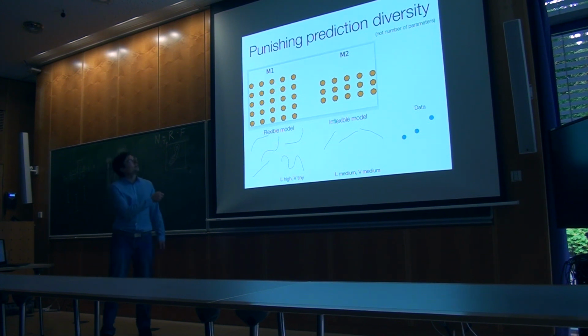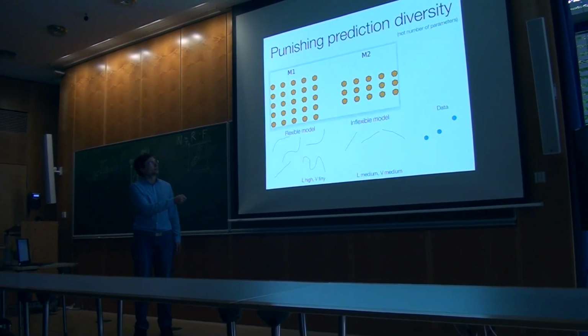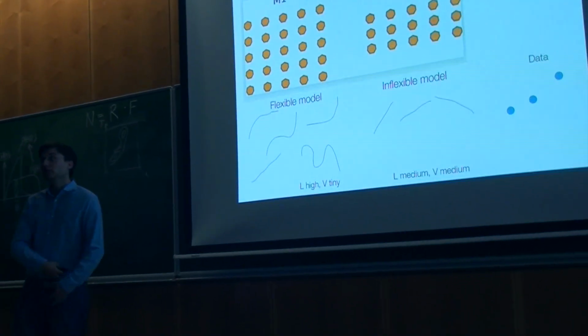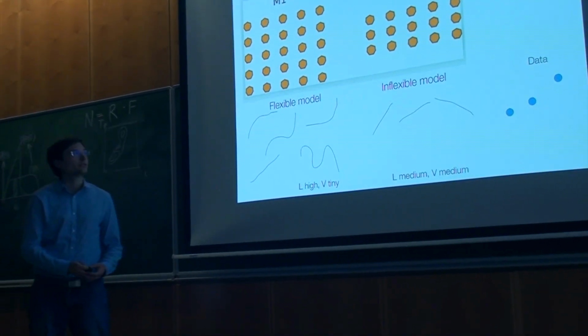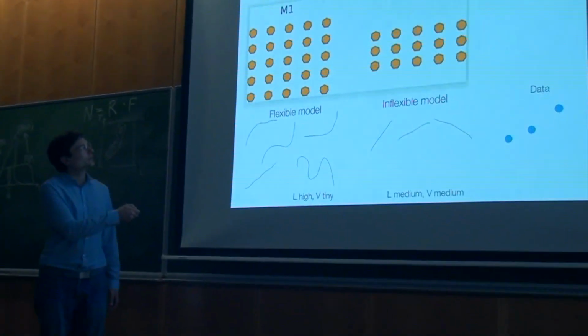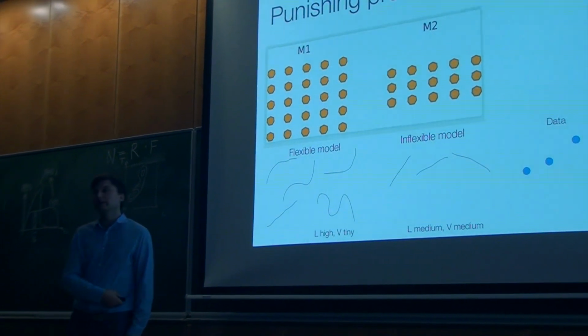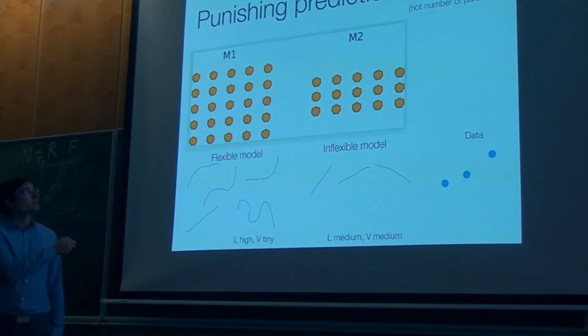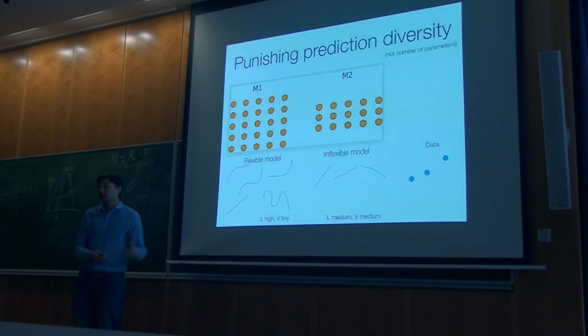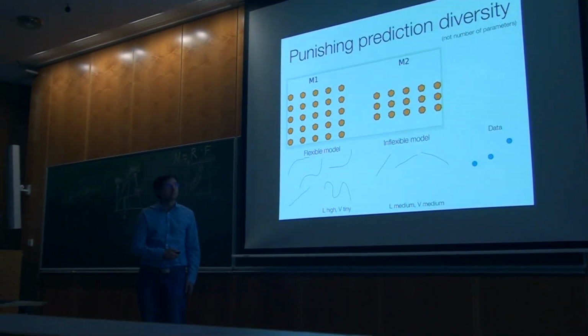Then I have another model which is very flexible, let's say some polynomial, and this part of the parameter space makes this prediction, this part makes that prediction, and this part makes this weakly prediction. So it makes a huge diversity of predictions. And some part of the parameter space, maybe that one, looks like the data. And this likelihood will be much higher because this model is more flexible.